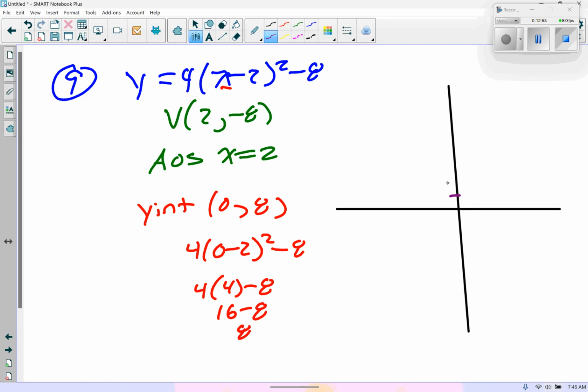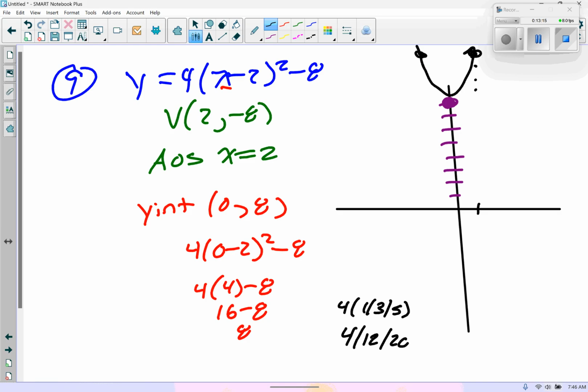So 0, 8 is up here. There you go. And our pattern graph is going to be 4 times 1, 3, 5, which is 4, 12, 20. So if I just go right 1, up 4, it's way up there, and left 1, up 4. So we get a parabola. It barely fits on our graph, doesn't it?